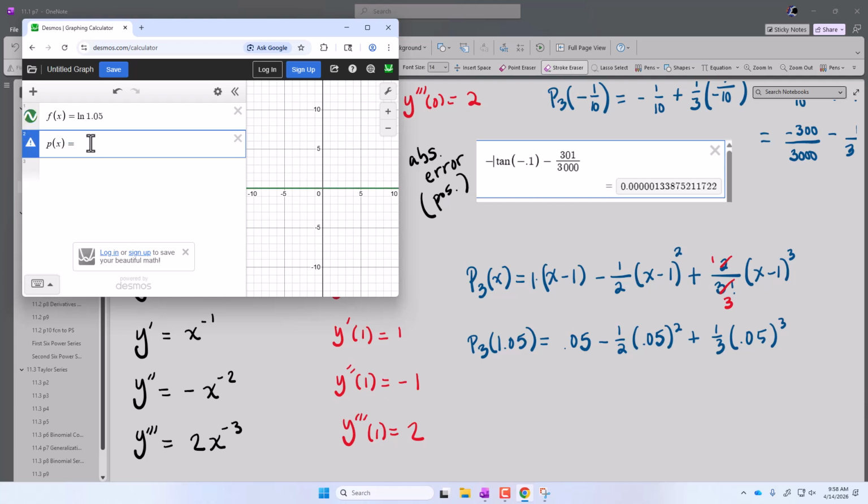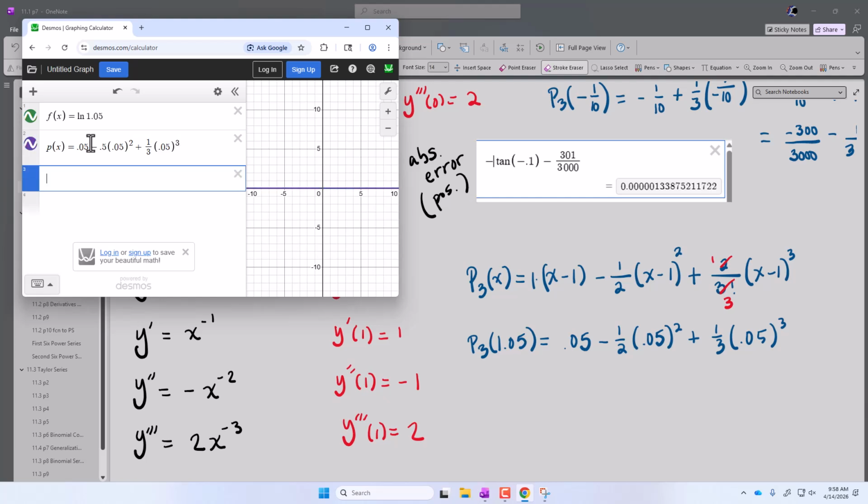This might be smarter to do it this way. So 0.05 minus 0.5 times 0.05 squared plus 1 divided by 3 times 0.05 cubed.